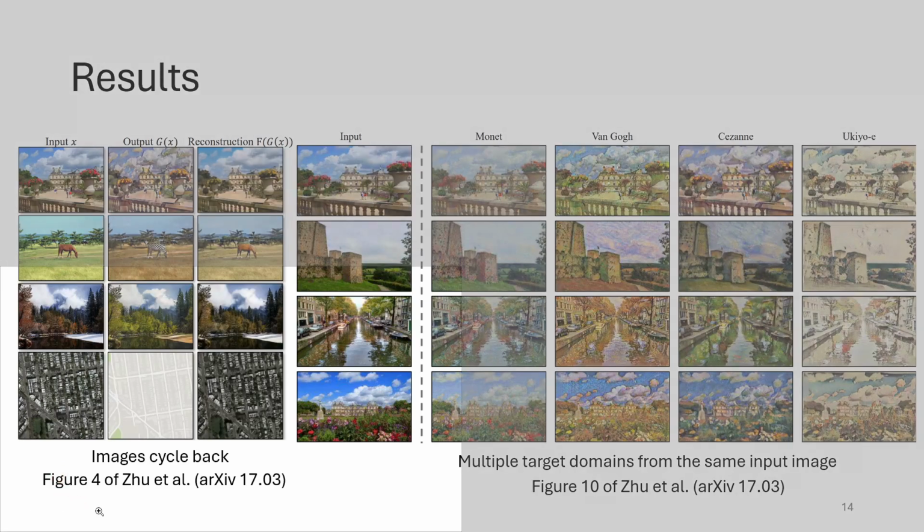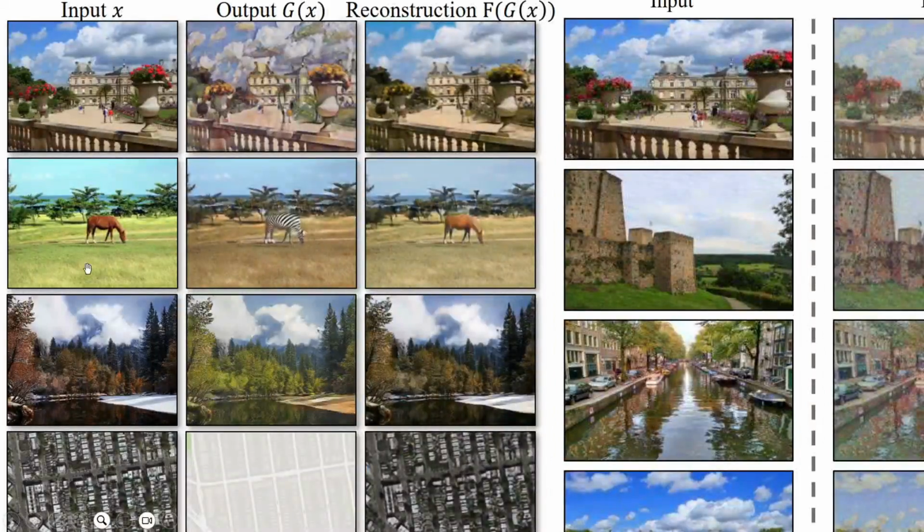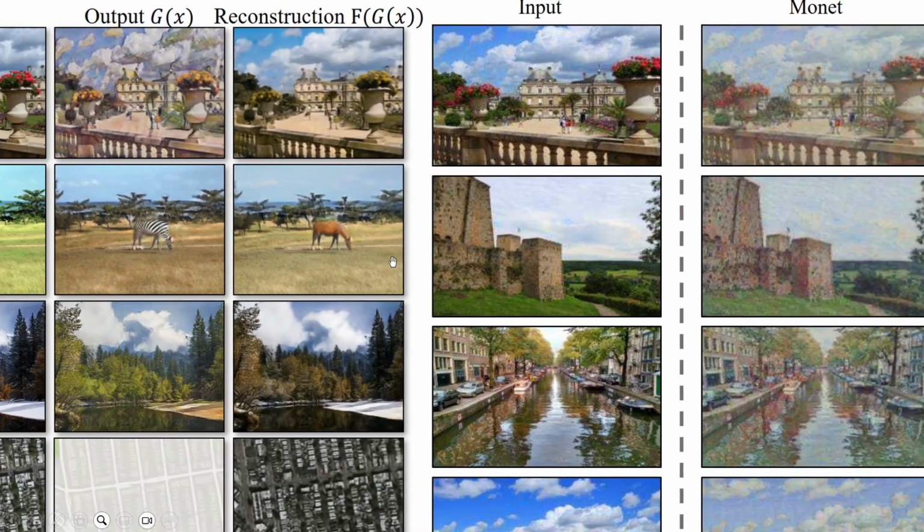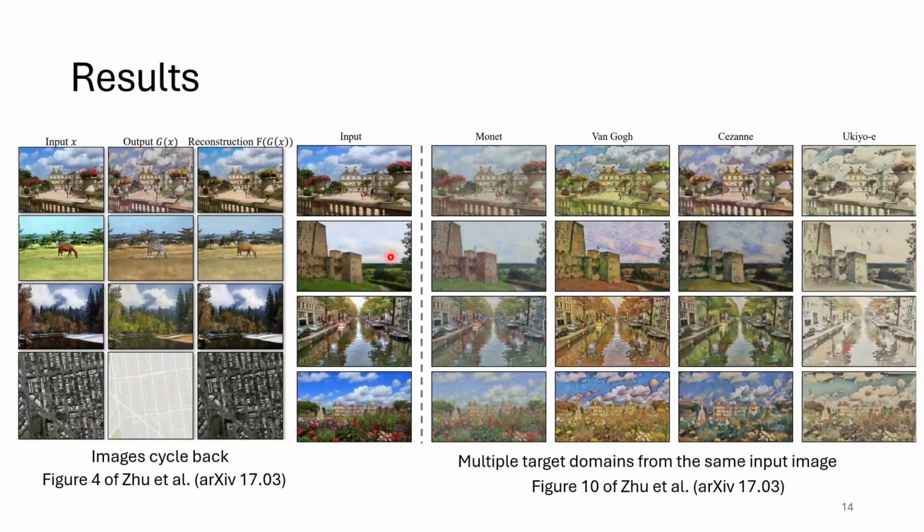Let's take a look at this example again. As you can see, the color of the grass is red, but it becomes brown. However, the ideal case is every generator and every discriminator works very well. They show that using this method, they can translate the input image into not only one domain.